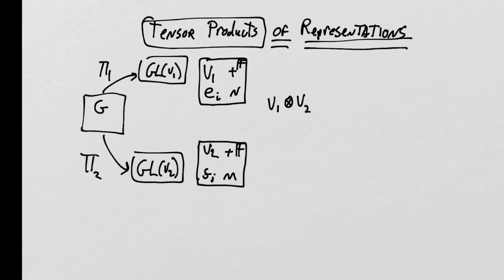Now, often this symbol here, and we will use it later, is also the direct product of groups. But in this case, we're using it as the tensor product of two vector spaces, called V1 tensor product V2.